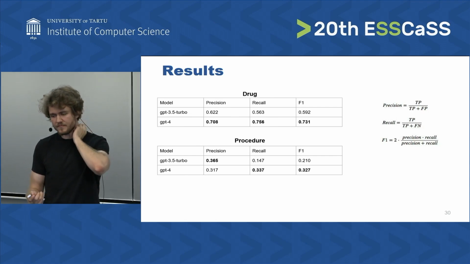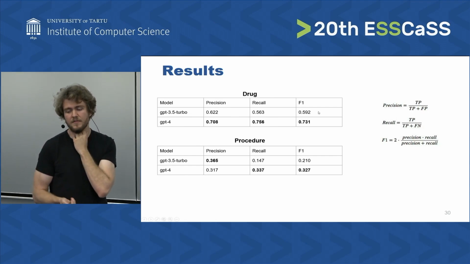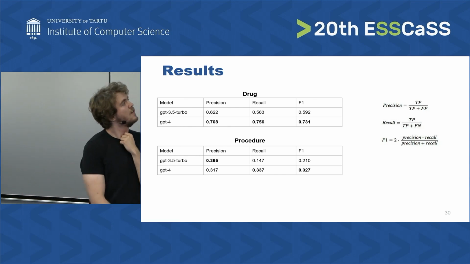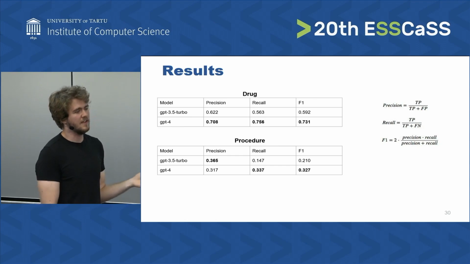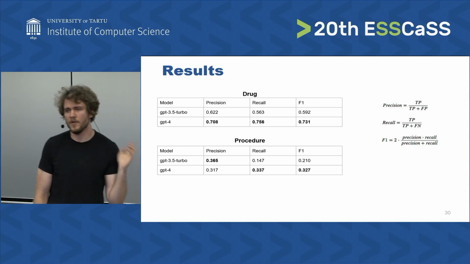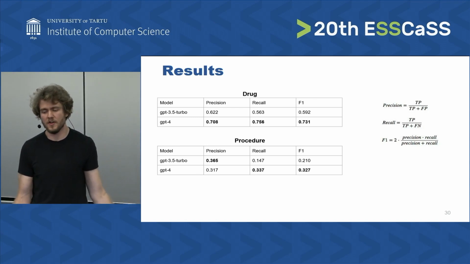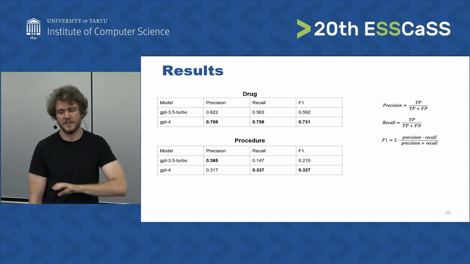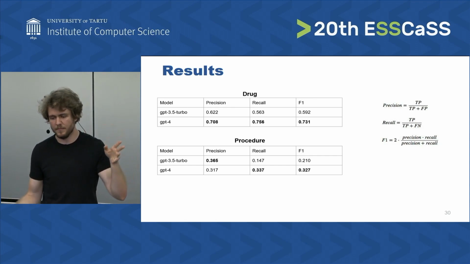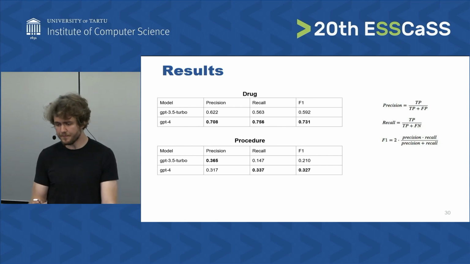And the results for procedure were pretty horrible. They're by nature very different. They appear differently in text as well, in that drug is usually 1 or 2 words to describe the name of the drug, whereas procedure could be a whole sentence of patient was given some sort of test with pictures, blah, blah, blah, something like that.